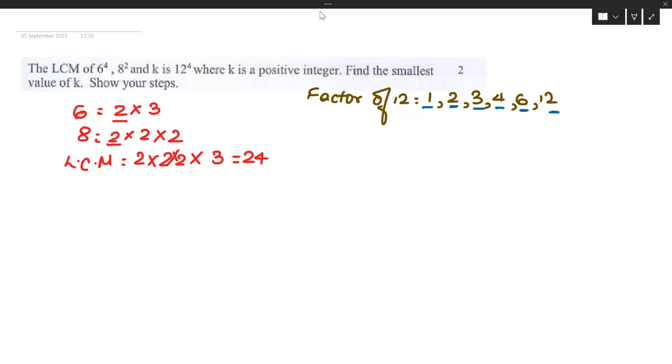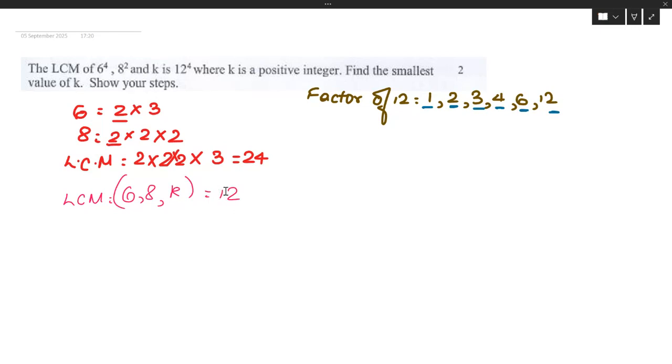Let me write it down once again for you. LCM of 6, 8, and k is 12. That means 12 must be divisible by 6, 12 must be divisible by 8, and 12 must be divisible by k.